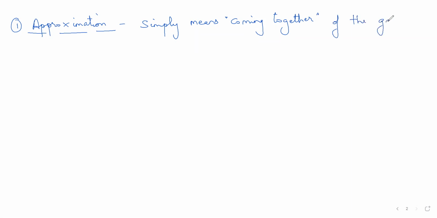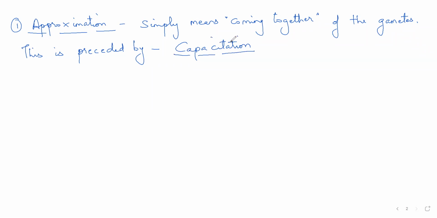The gametes come close to each other. This is preceded by capacitation. So this becomes the first step. We said we would be studying these 8 steps, so there would be in total 10 steps. This is a primary condition. This is necessary.